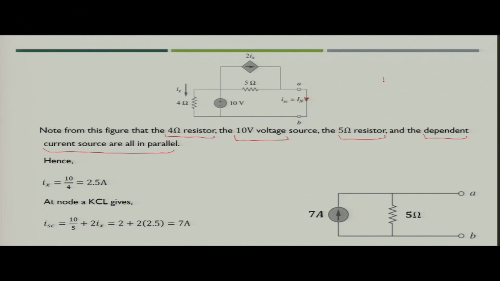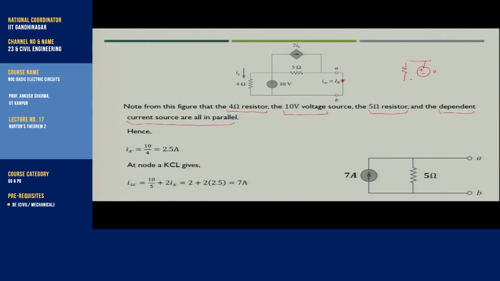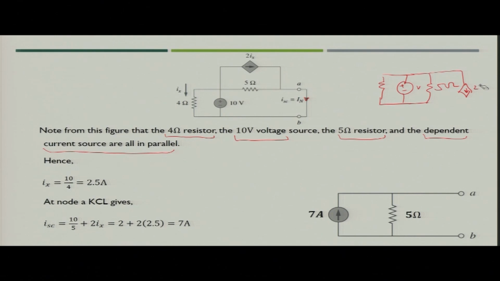So, finally, what you are getting here is nothing but the voltage source in parallel with another 5 ohm resistance, because this will be in parallel, and then you will have dependent current source of 2Ix. So, this you get when you do the inspection of the circuit. And where is your terminal AB? Terminal AB would be here. Okay. So, now this is a simplified circuit which you will get from here.